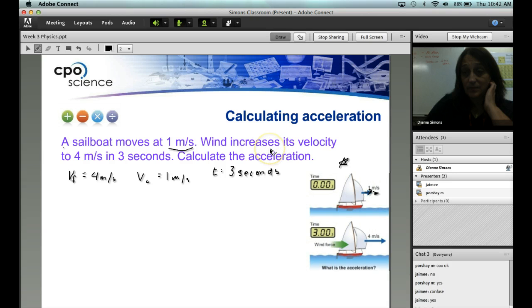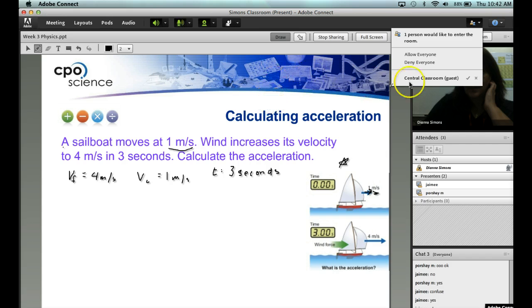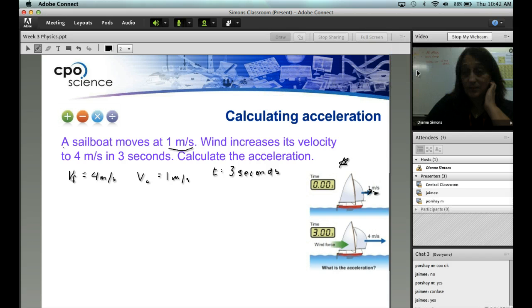The wind is coming up, and so when you think about a sailboat, then you have to remember that when the wind comes up, everything starts moving faster. So after 3 seconds, now that boat is moving at 4 meters per second. All right, so what we want to know is what's the acceleration? How fast did it move, or what was the acceleration between 0 and 3 seconds? So my initial velocity was 1, my final velocity was 4, and the time was 3 seconds that it took to do that. Okay?